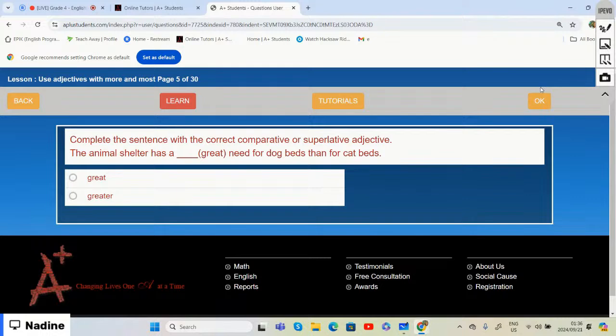So the animal shelter has, do we say, a great need for dog beds than cat beds, or do we say the animal shelter has a greater need for dog beds than cat beds?